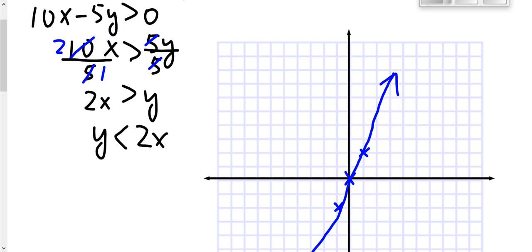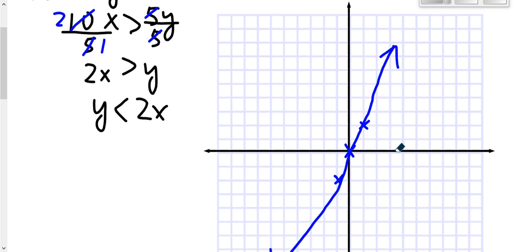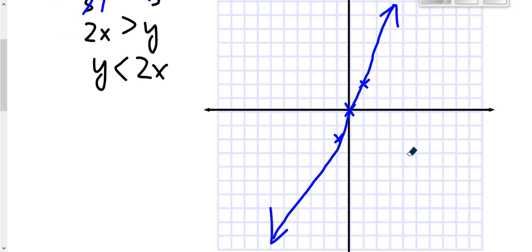Okay, so second part is shade the area, the solution area. But before we do that, let's get this straight. Because if you look at this graph, we have less than. We don't have any equal components. So what we need to do is draw a dotted line. When you draw the dotted line, you can either do it this way, like this. That's one way.